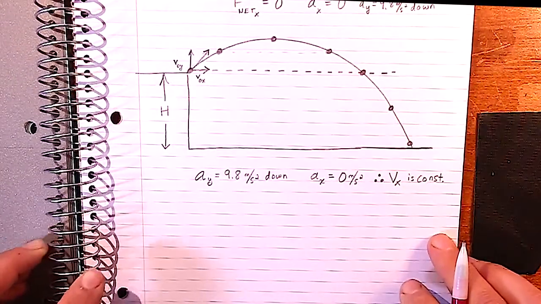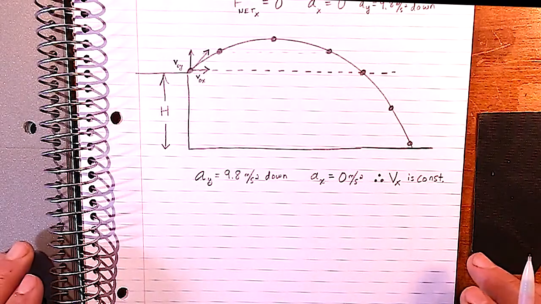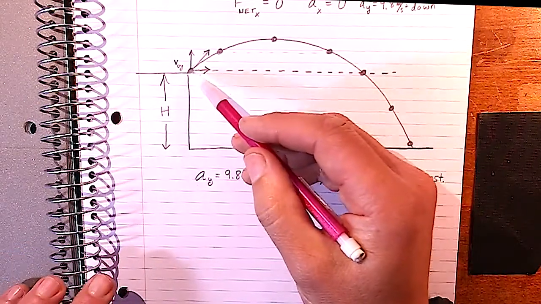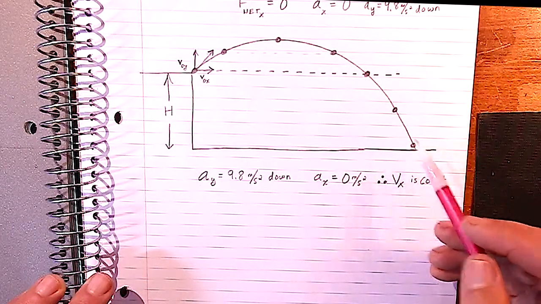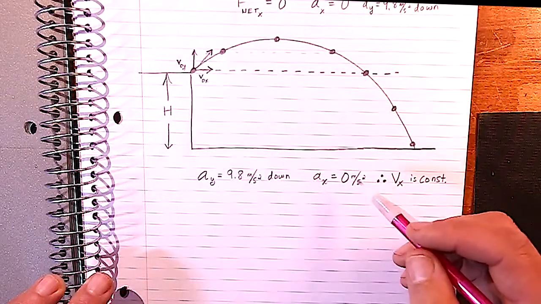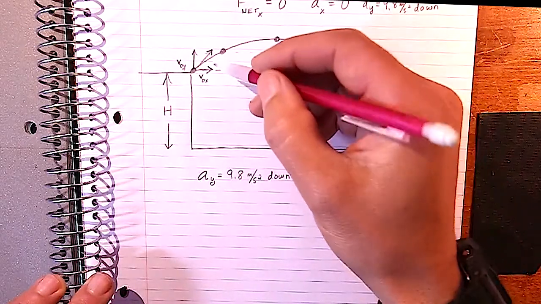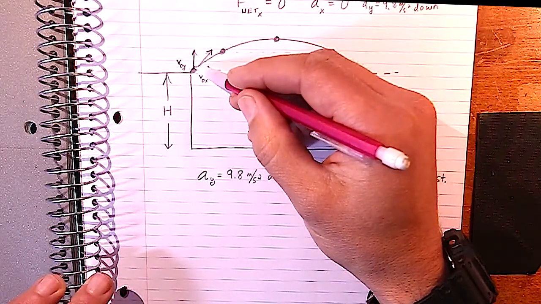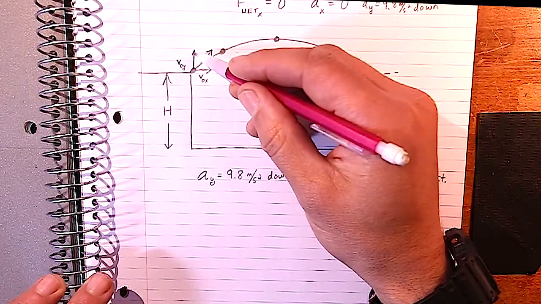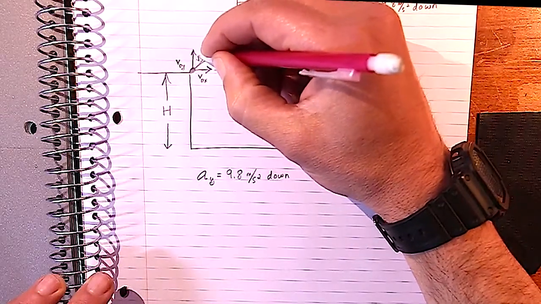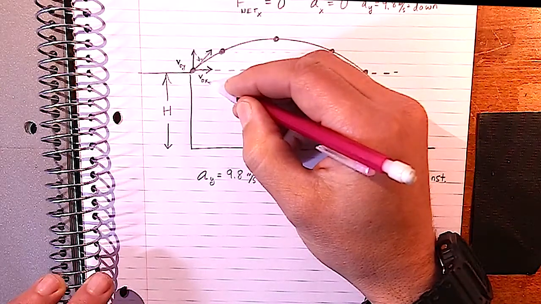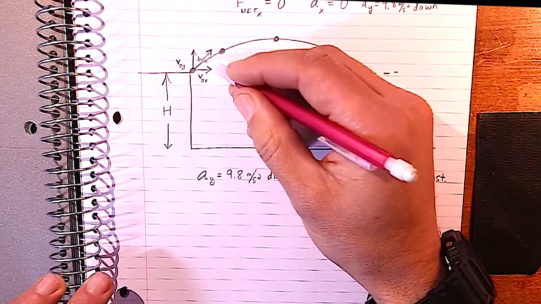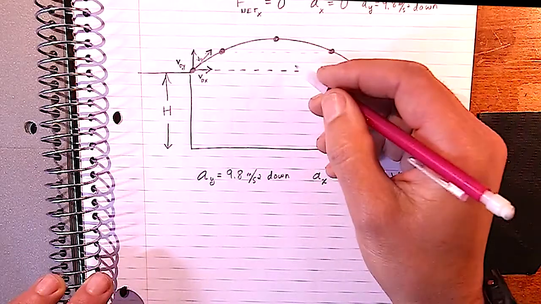So let's look more closely at a projectile that has been launched off of a cliff and lands at some other height below the height that it started from. If we look at the y velocity, this is the upward component of the initial velocity, and our x velocity is the horizontal component of the initial velocity.